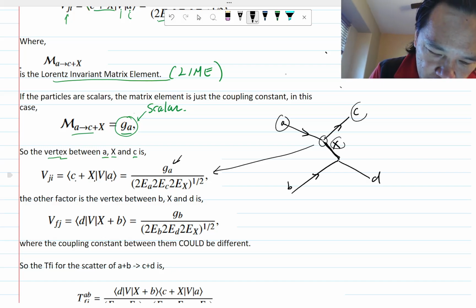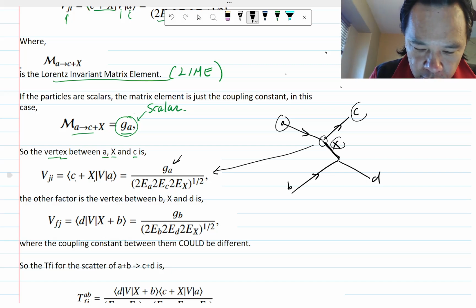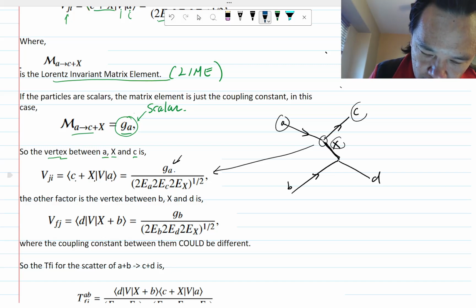This matrix element would just be some constant that you can measure, and they call it GA. And this GA has to be divided by all these energies, square rooted, because there are 3 particles involved. So that's our first interaction matrix element.